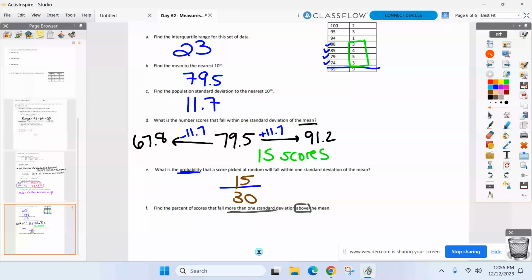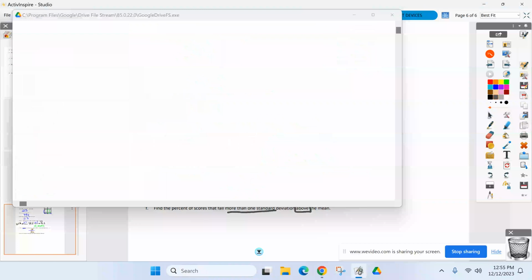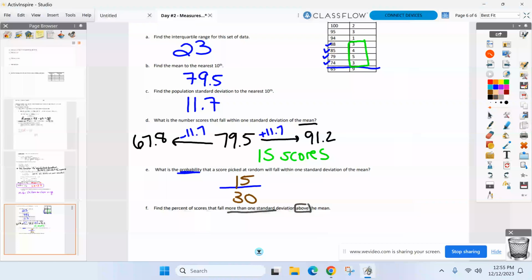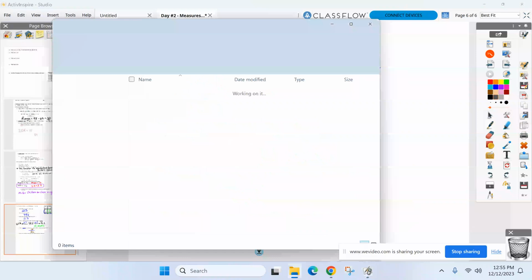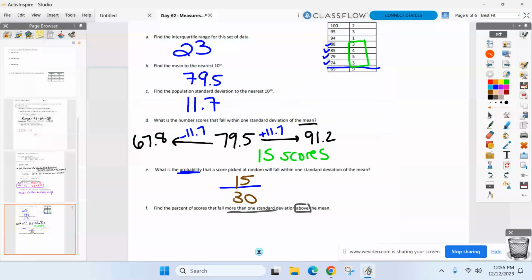Anything that is 91.2 or above. Okay? Above the mean. More than 1 above the mean. So I'm looking for anything above 91.2. So you guys go to the table. How many scores are above 91.2? What do we got there? 6? All right, but I'm looking for, 6 isn't going to cut it.